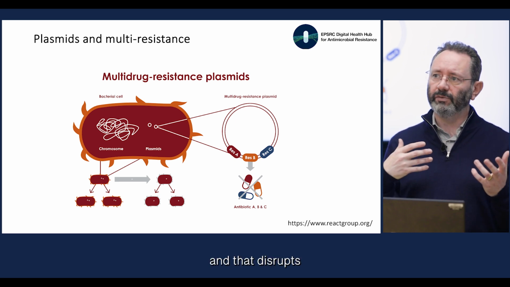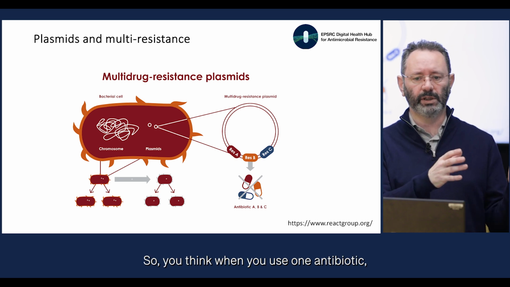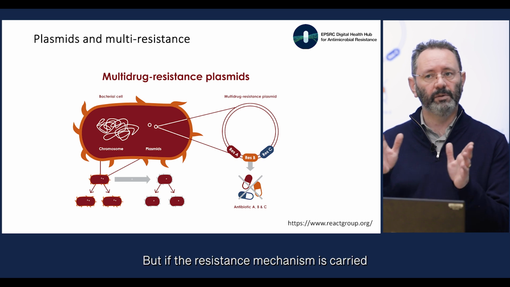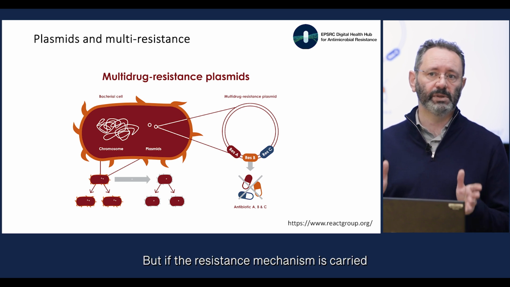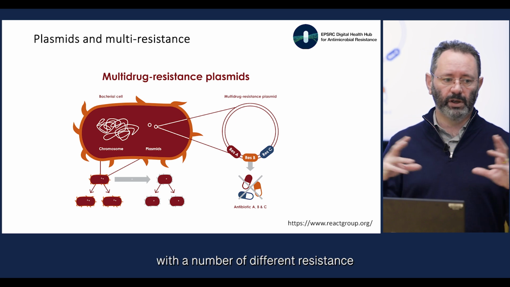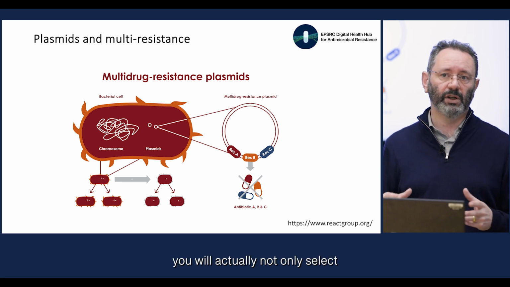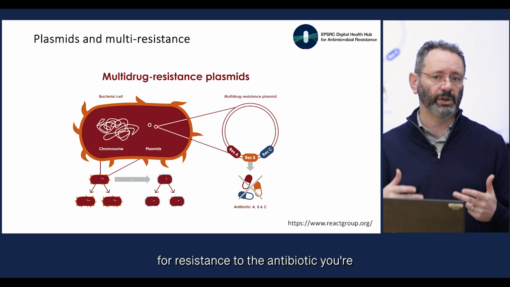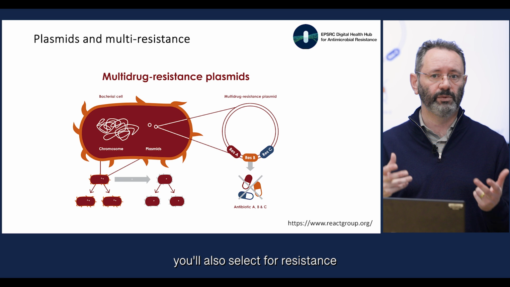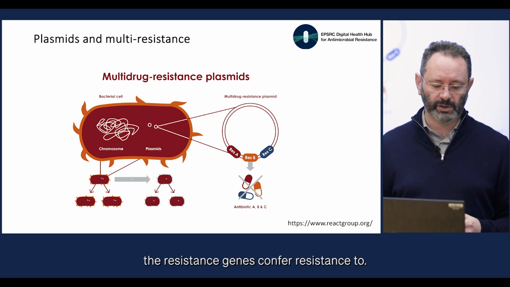And that disrupts that kind of selection pressure. So you think when you use one antibiotic, you're going to get resistance to that particular antibiotic. But if the resistance mechanism is carried on a multi-resistant plasmid or a mobile genetic element with a number of different resistance genes associated with it, you will actually not only select for resistance to the antibiotic you're currently using, you'll also select for resistance for the other antibiotics that the resistance genes confer resistance to.